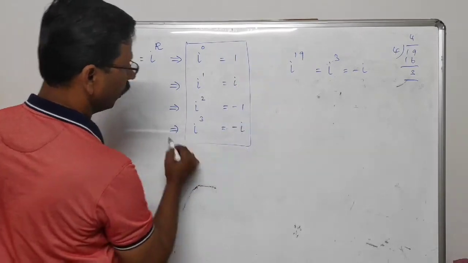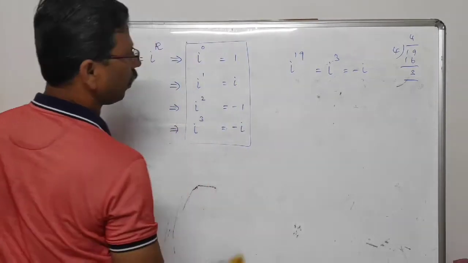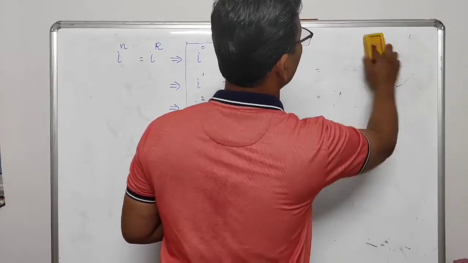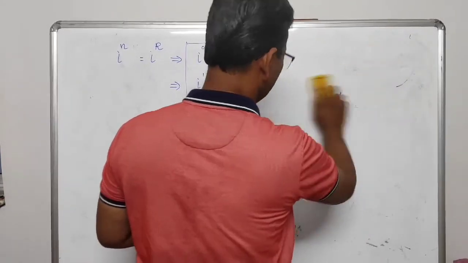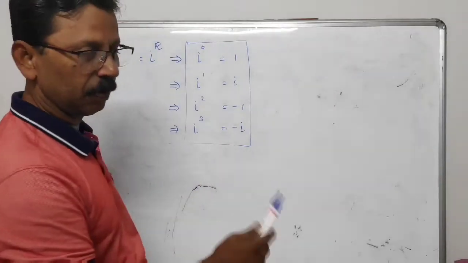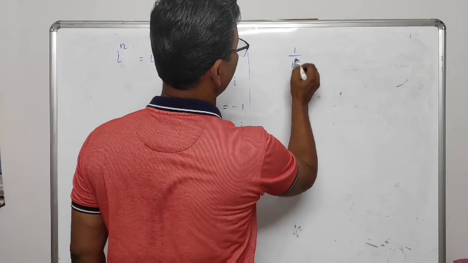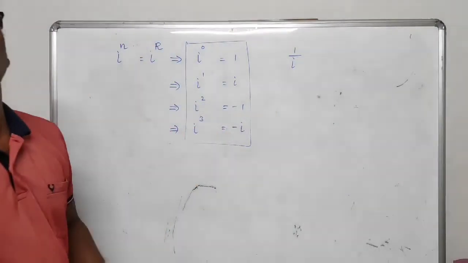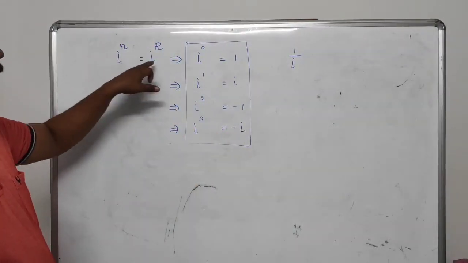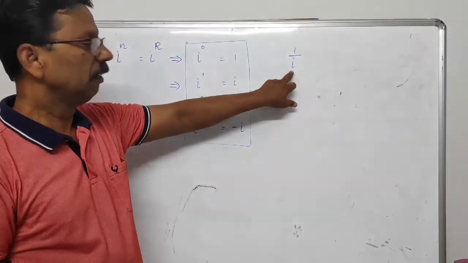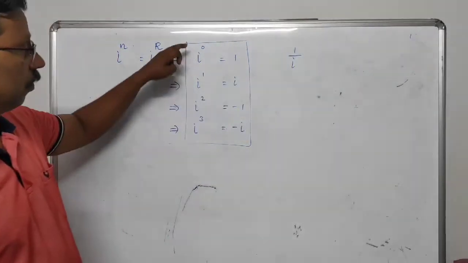Now, after that, let us see the next value. So far you have seen i power 1, i power 2, i power 3, i power 4. Now, let us see what is the value of 1 by i. With i in the denominator, try to bring any one of these powers, like i square.